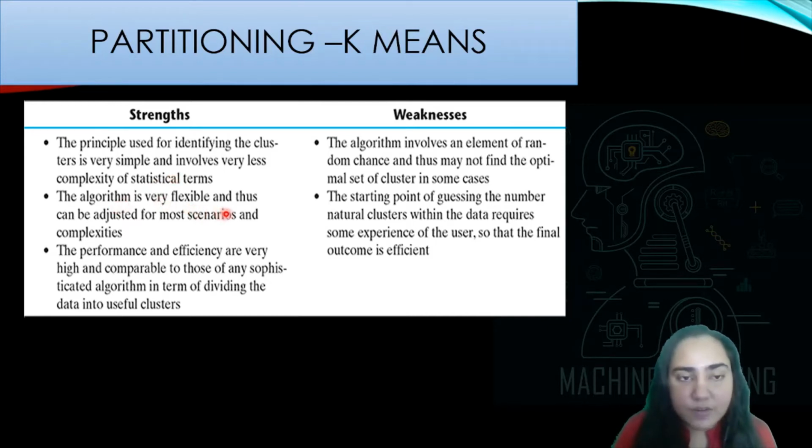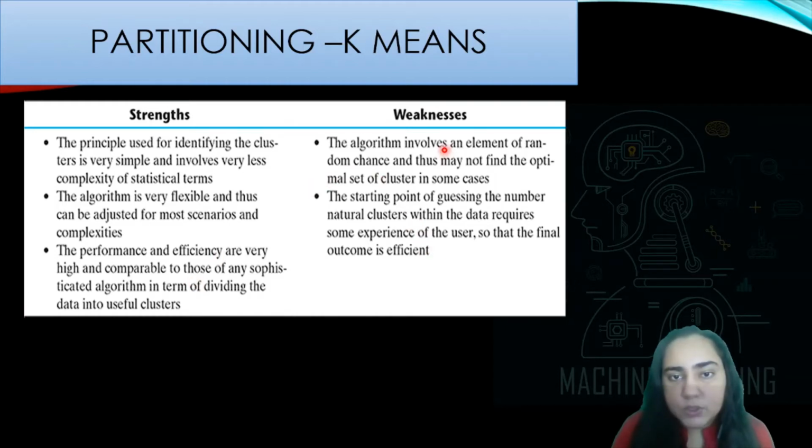It's also very flexible, so you can adjust it for most kinds of scenarios and complexities. And the performance and efficiency of this algorithm are very high compared to other sophisticated algorithms. It's so simple and yet has such high efficiency.